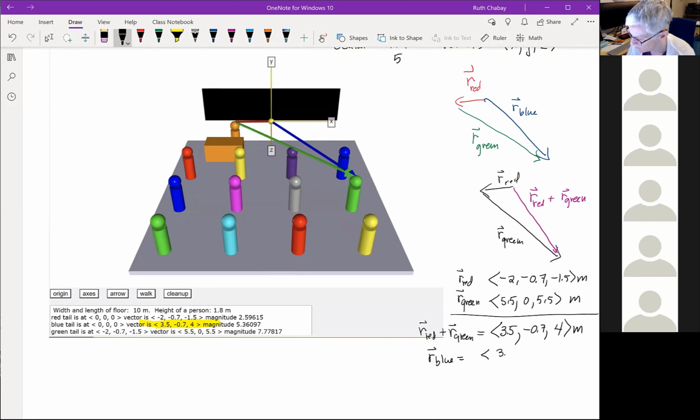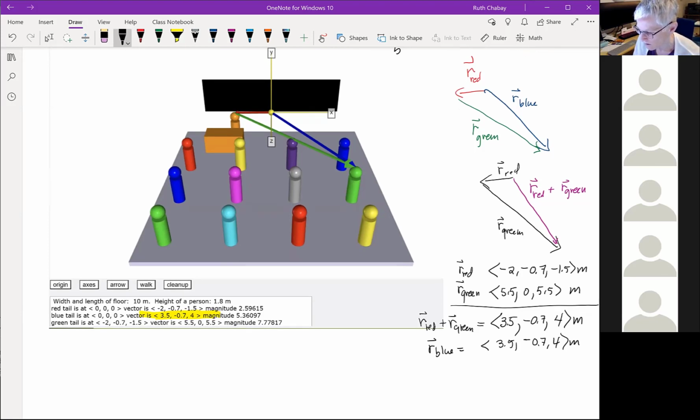Our blue is 3.5, -0.74 meters. So we have our first vector equation, which is R blue is R red plus R green. So that's the total displacement.